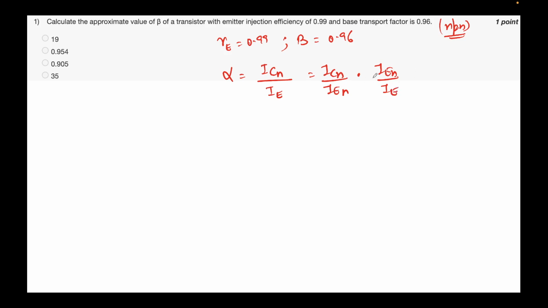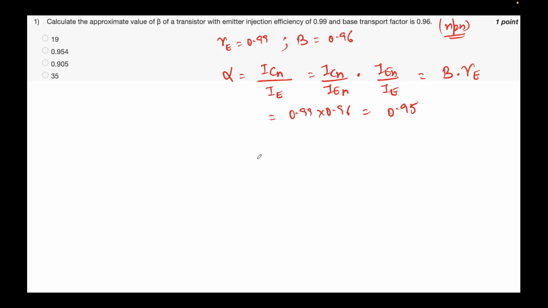This analysis is for NPN; for PNP, just replace N by P. The first term, ICN over IEN, is nothing but B, the base transport factor, and the second term is the emitter injection efficiency. So the alpha value comes out to be 0.99 times 0.96, which is approximately 0.95.